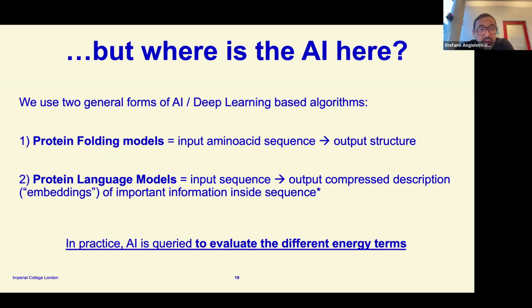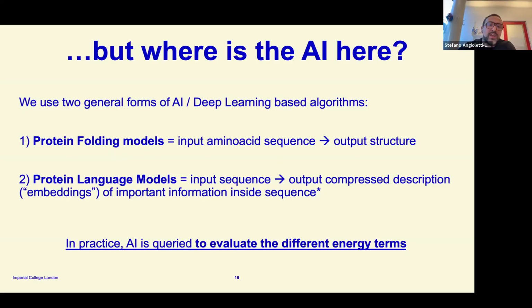The other type of AI-based model that we use are so-called protein language models. In a PLM, you input the sequence of amino acids corresponding to the protein, and the model outputs a compressed description of all the important information inside the sequence. This is important because with this compressed description, we can build standard machine learning models using these quantities as input.